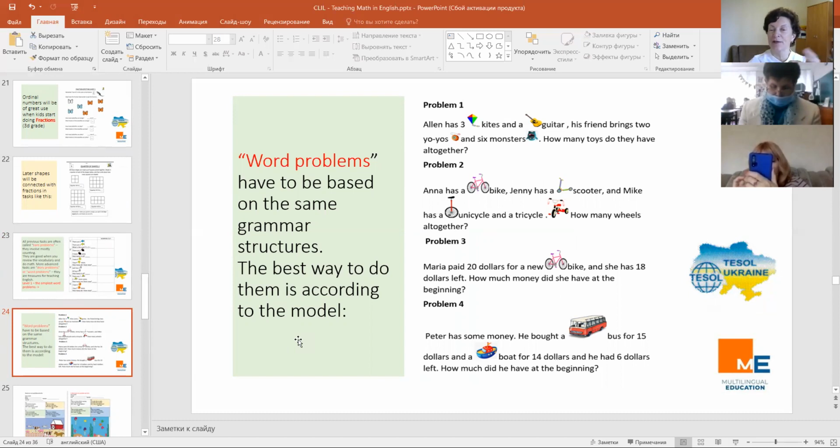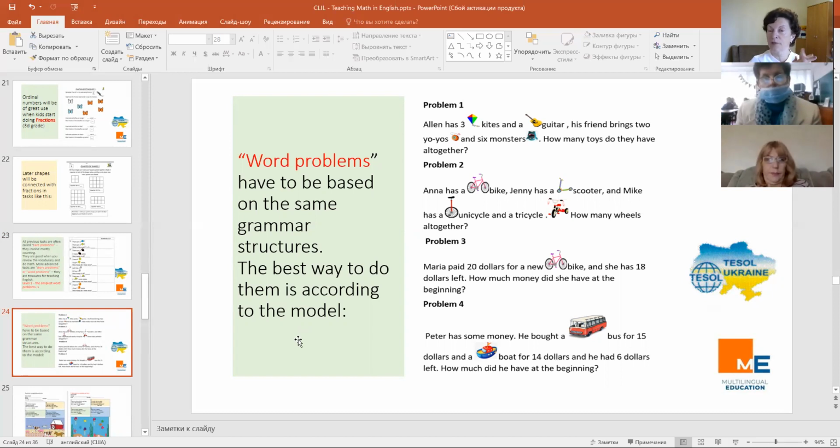And for example, this is an example of word problems for the 2nd grade. Yeah? You see that such problems already have all structures in one problem. Like Alan has 3 kites and a guitar. We practice here the topic toys.